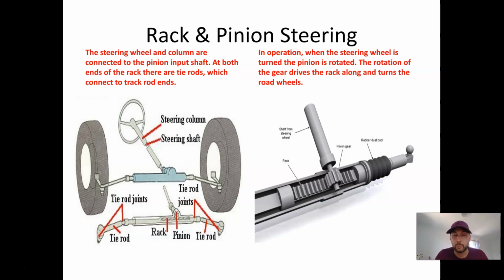Obviously we've got track rod arms and track rod ends, or tie rod arms and tie rod ends. Obviously the Americans use tie rod, we use track rod, and you've got ball joints at the end of that. The ball joints are there to allow 360-degree movement, whilst also allowing us to bolt that system to the hub.